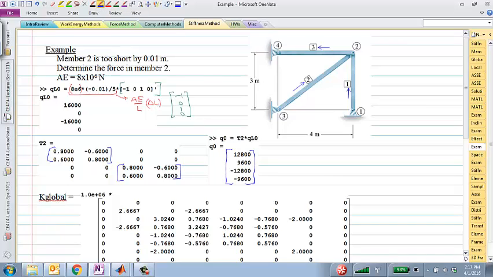QL0. These are the forces that I need to apply to nodes 3 and 2. Okay, so let me mark that here.